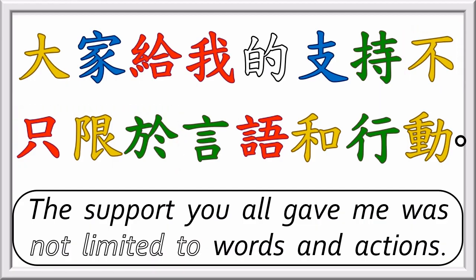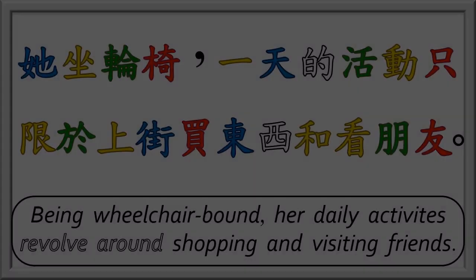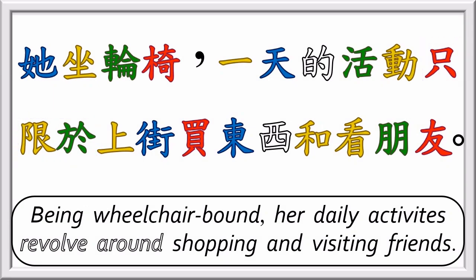The support you all gave me was not limited to words and actions. 大国之间的关系不可能只限于贸易而已. The relationship between major countries cannot be restricted to trade. 他坐轮椅，一天的活动只限于上街买东西和看朋友。Being wheelchair-bound, her daily activities revolve around shopping and visiting friends.